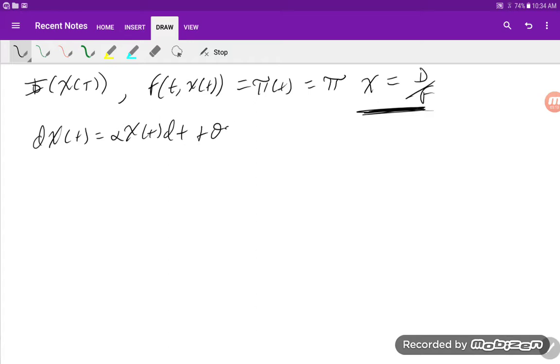Plus sigma x. So here alpha is sort of the P drift of the exchange rate, and sigma is the volatility, the diffusion coefficient of the exchange rate.